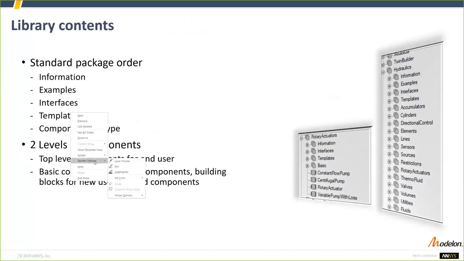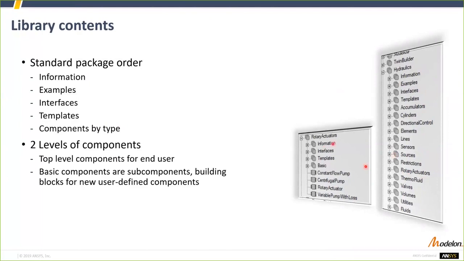I don't know if I can have a pointer here. And components by type. So you see here information, example, interface, templates, and then components, actually accumulators, cylinders, many components. And if you look in one of these, for example rotary actuator, you will find the same package order: interface, and what you can see then is there is basic here, and there are some components here.